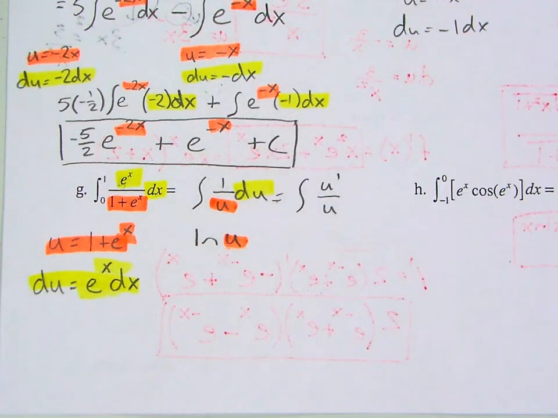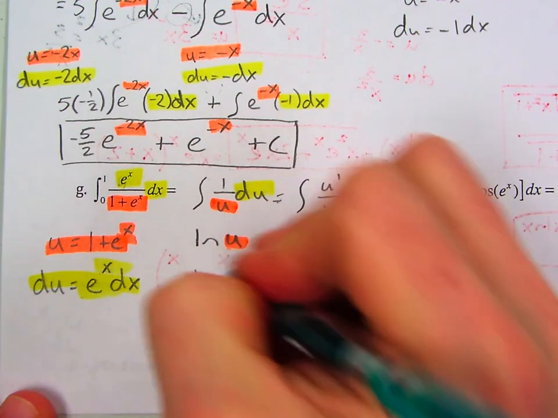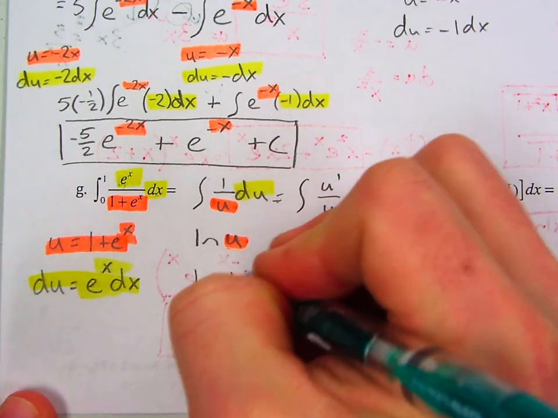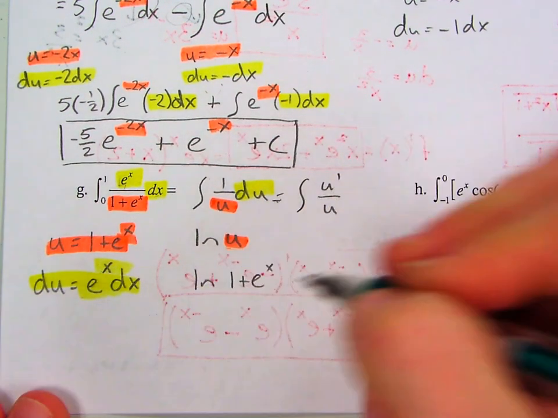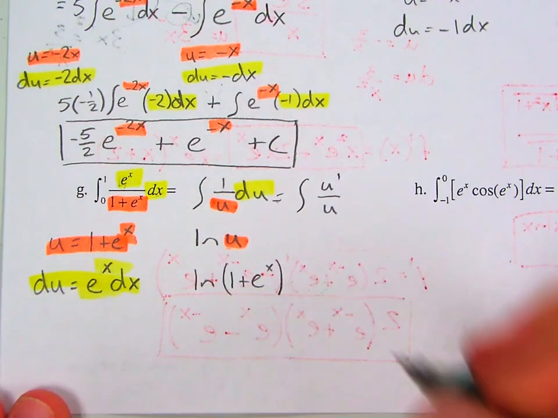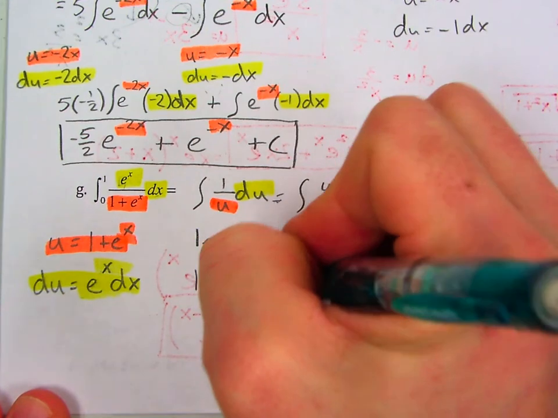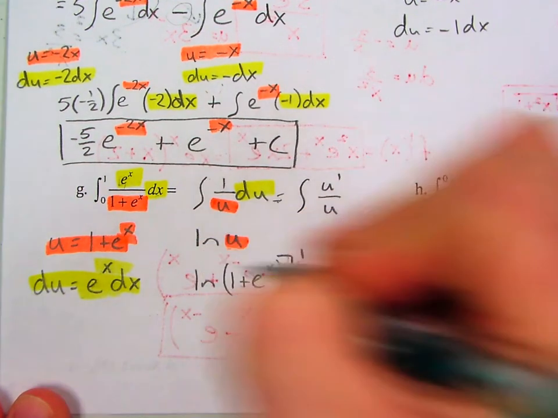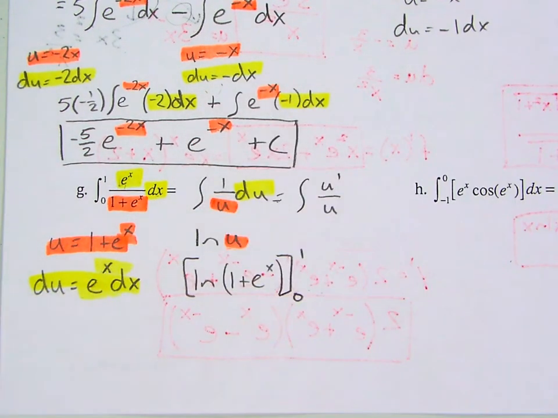So again, u was 1 plus e to the x, and we want to evaluate this from 0 to 1.